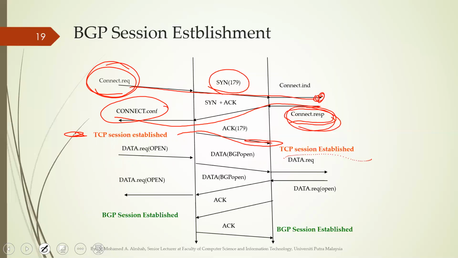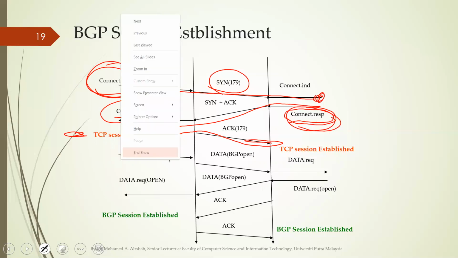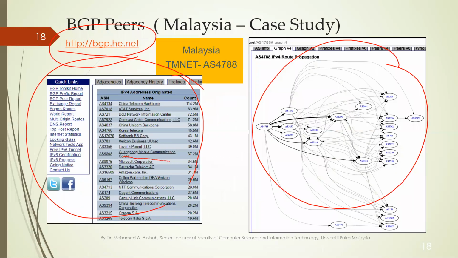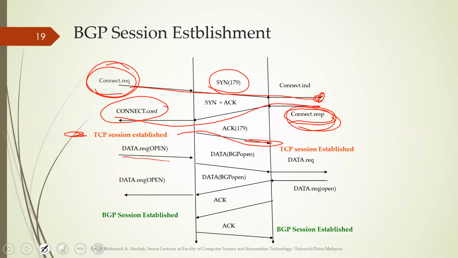Then after that, we will start transmitting the data, maybe from this side or from this side. So both sides can exchange data at the same time. Here also we can see the BGP session is established after these two steps.